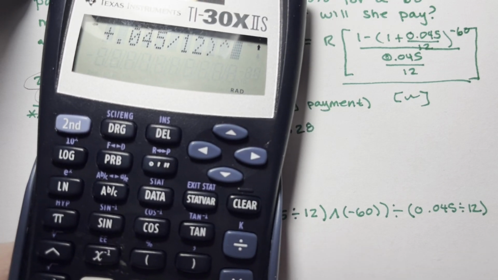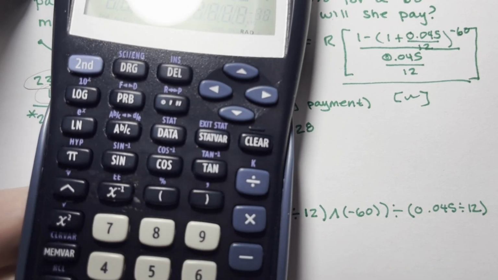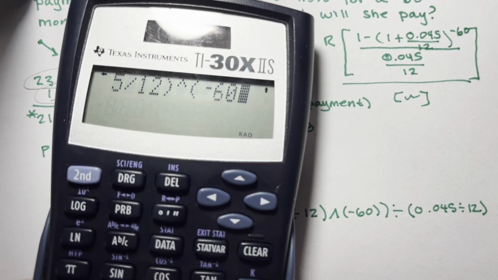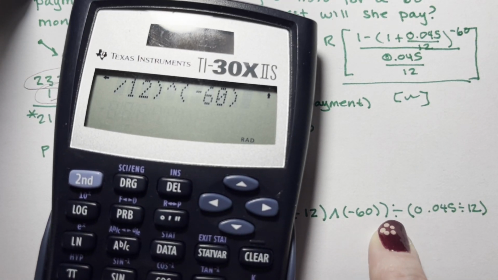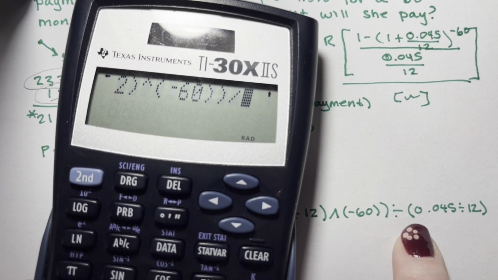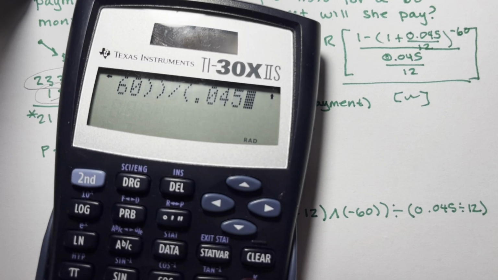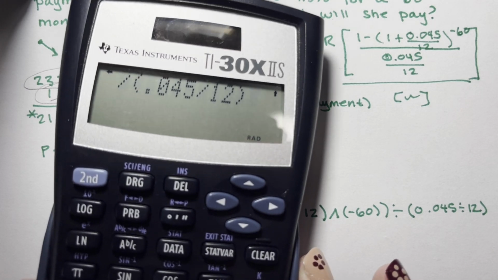Now it didn't pop me up. I'm going to continue with the parenthesis. My negative is down here, -60, close parenthesis, divide, denominator, open parenthesis, 0.045 divided by 12, close parenthesis for the denominator.